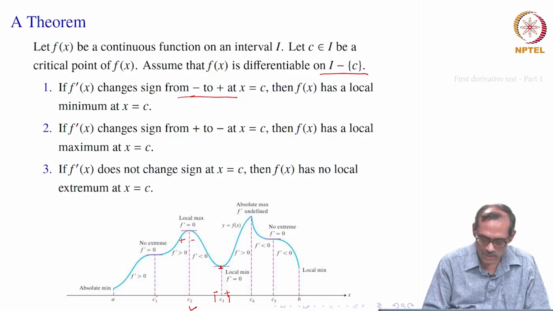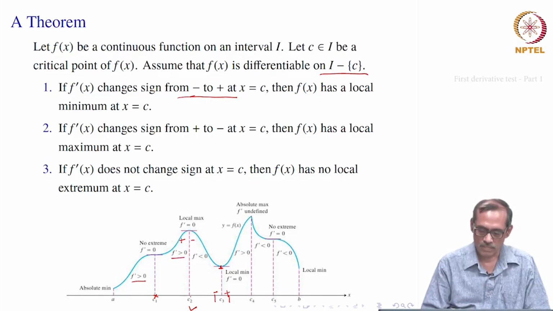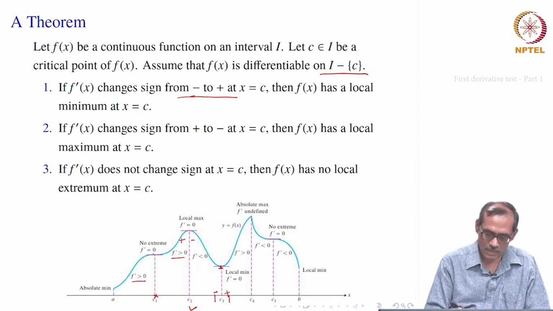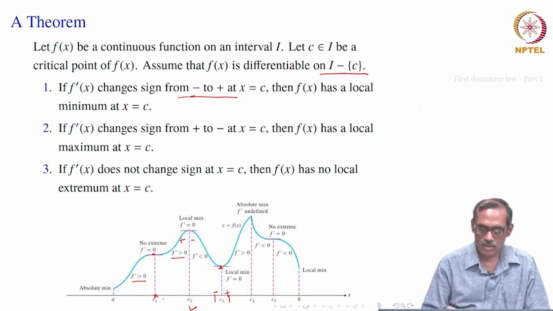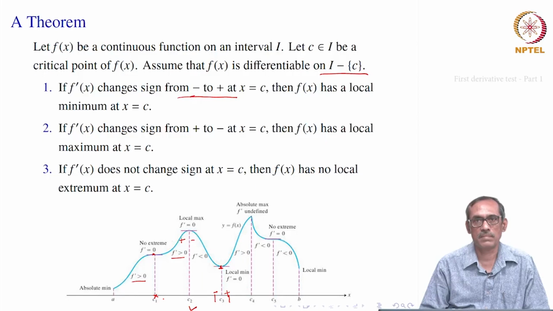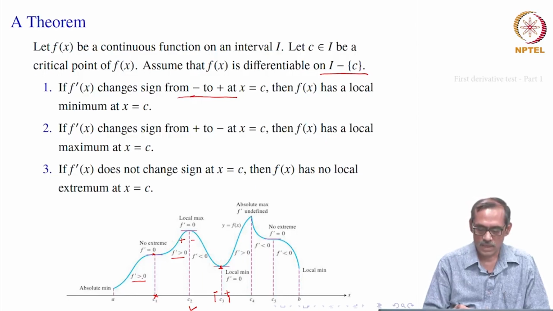So, it is possible, let us look at c1: f prime is greater than 0 before it, and f prime is greater than 0 also after it. So, at that point there is no local extremum, fine, because otherwise on the right side at least it should have decreased, then it is a maximum, but it is not.